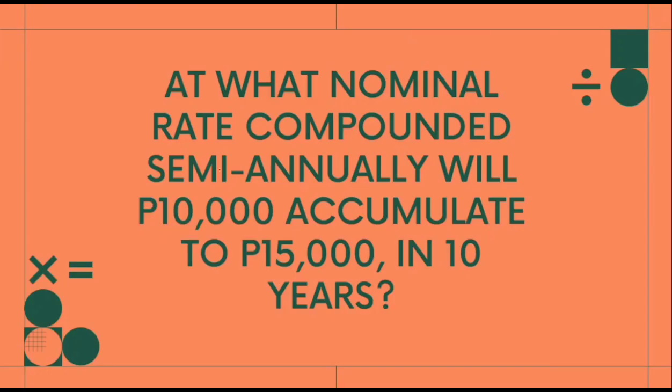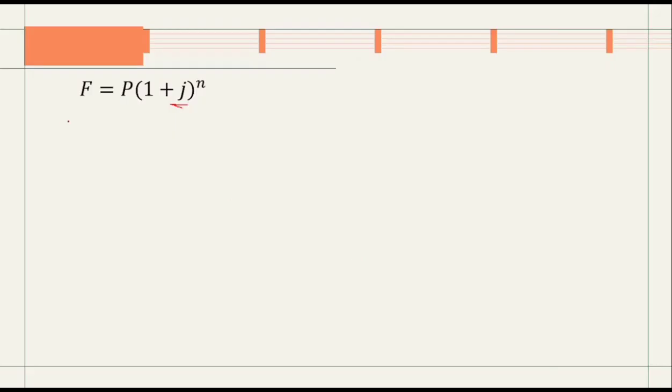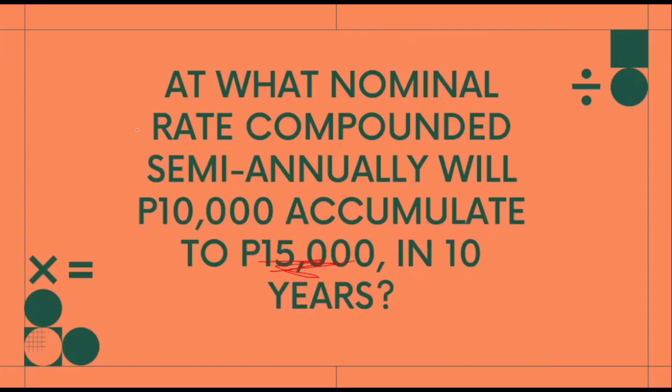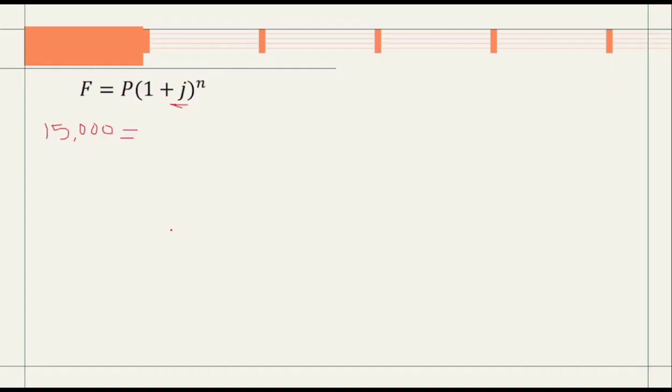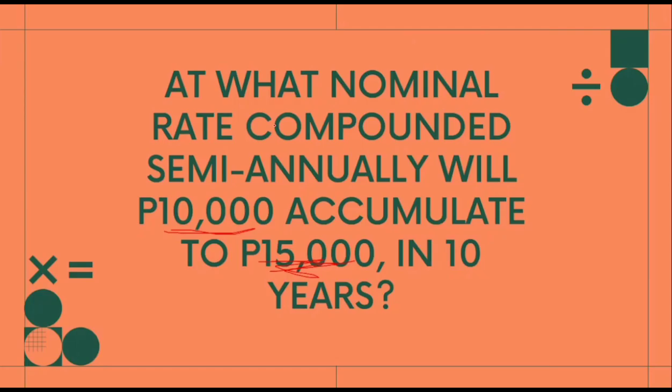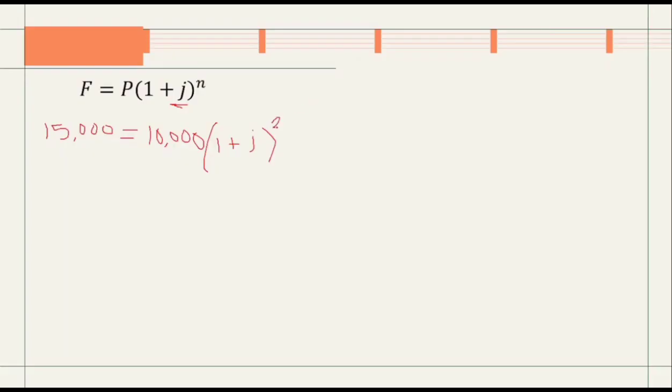Our future value is 15,000, so we're going to substitute it here. 15,000 is equal to the present value, which is 10,000, times the quantity of (1 plus j) raised to N, which is 2 semi-annually, equivalent to 2 times 10 years, which is equal to 20. So 20.